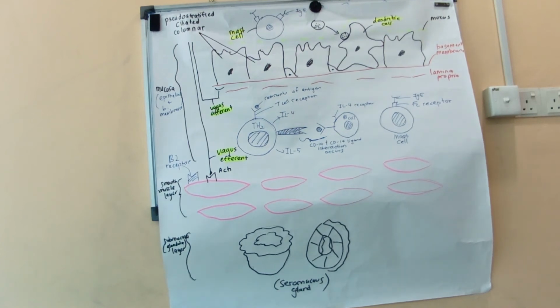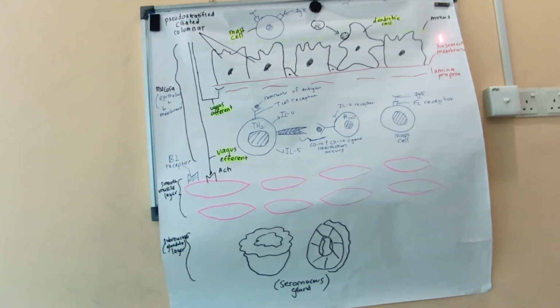This IgE will start to load on the mast cell. If you see here, it is getting loaded on the mast cell by binding to Fc epsilon R1 and R2, or you can just call it an Fc receptor. This IgE is bound to the Fc receptor in the lamina propria as well as in the epithelium.